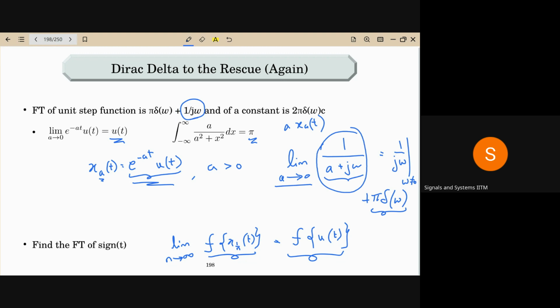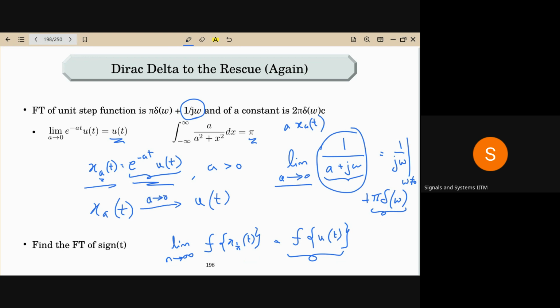That's all. So the idea is, think of this as, like I said, a sequence of functions, and that function is some x a of t. The sequence of functions is converging to u of t. So this x a of t is converging to u of t, okay, as a tends to 0.